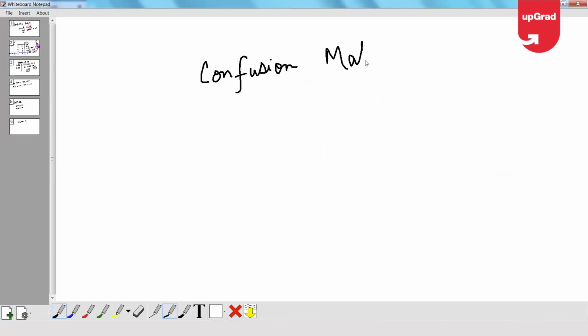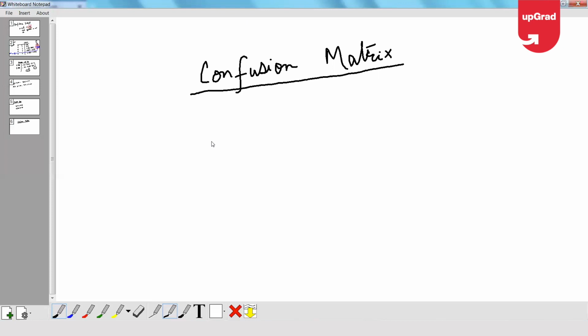So what is a confusion matrix? Right now, forget null and alternate hypothesis for a moment. Let's concentrate on this as a standalone scenario, and later we'll find the relationship of the confusion matrix with hypothesis testing.